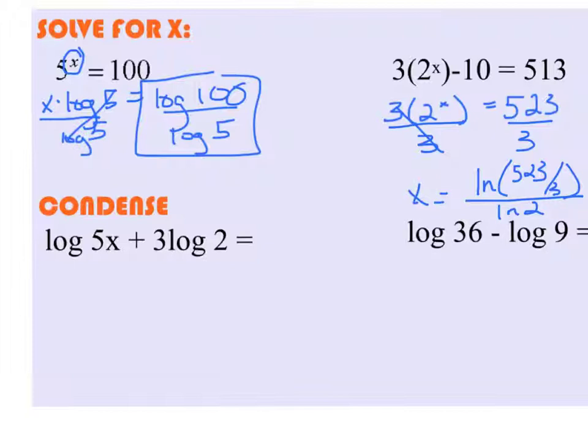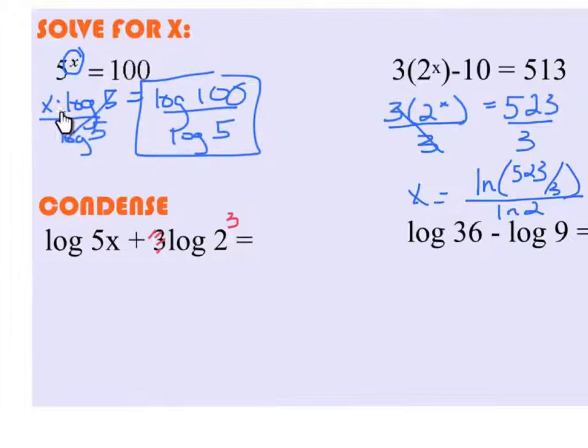Next, coming down to condensing, a couple rules to remember. First of all, when two logs are being added, we're going to multiply their innards. But the first thing we should always do is look at coefficients. Remember, a coefficient comes up and becomes a power. That's really just the same rule we used up here when we dropped the x down out front.